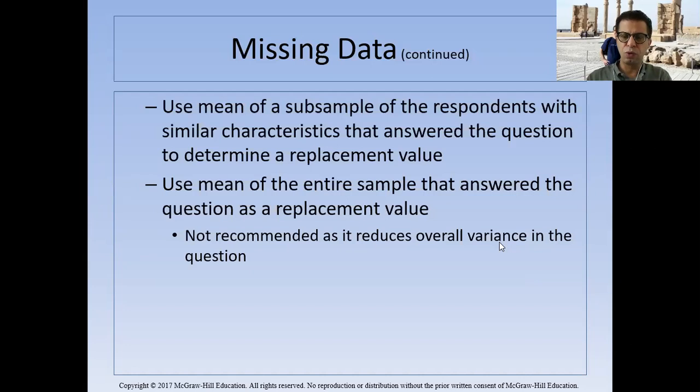Now, if it's one or two out of 1,000, you can overlook it, but preferably not to overlook it, and you just enter the similar response, or you enter the mean of it. Using the mean for the entire sample that answered the question as a replacement value is, as I said, not recommended.